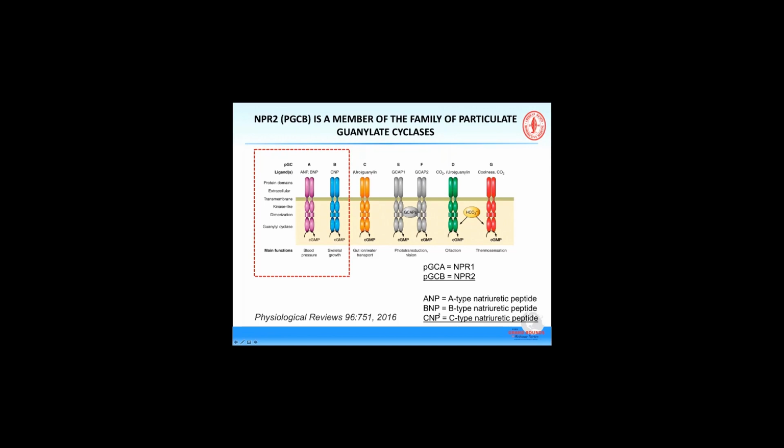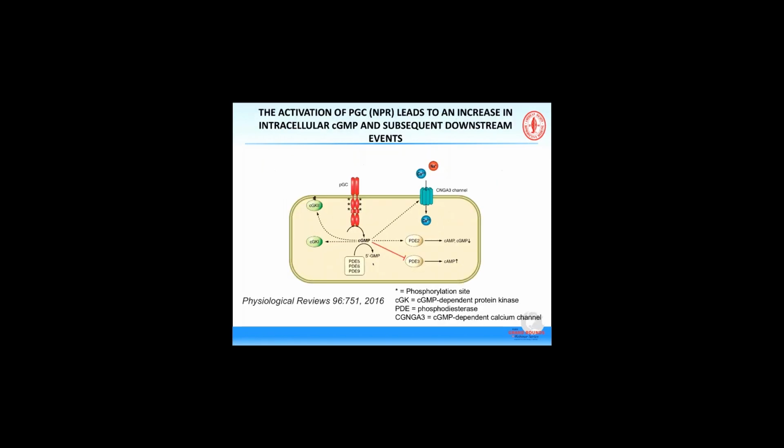So the ligands for these receptors are ANP, which is the A-type natriuretic peptide, the B-type, and the C-type. And in terms of ovulation, the important players here are NPR2 and CNP, which is the ligand that activates NPR2. So this is the one that we're talking about, this blue one in here. But its overall structure is very similar to the others.